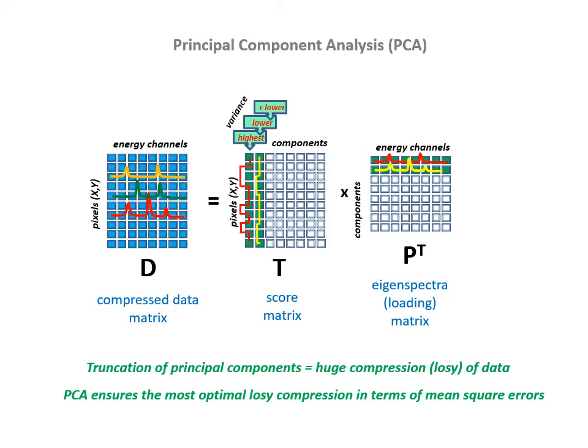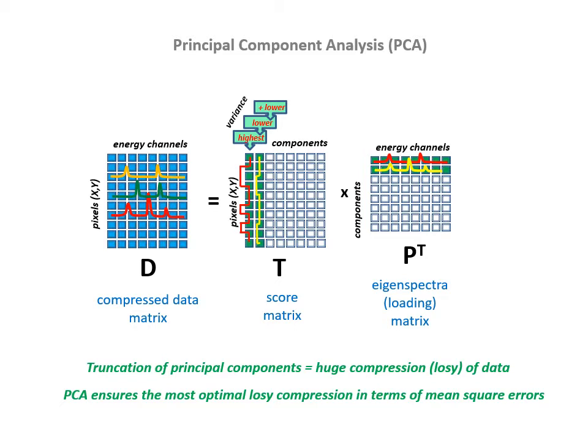The next step of PCA is quite crucial. We assume that only a few major principal components are important, and the rest represent probably just noise, so we can throw it away. In this way, we are doing huge compression of the data. And what should be stressed, it's lossy compression. You removed a lot of information.